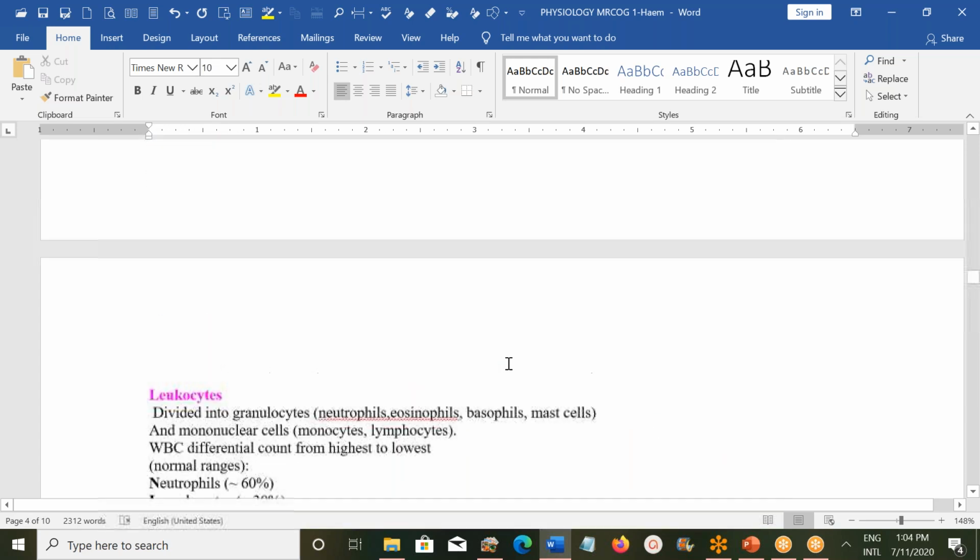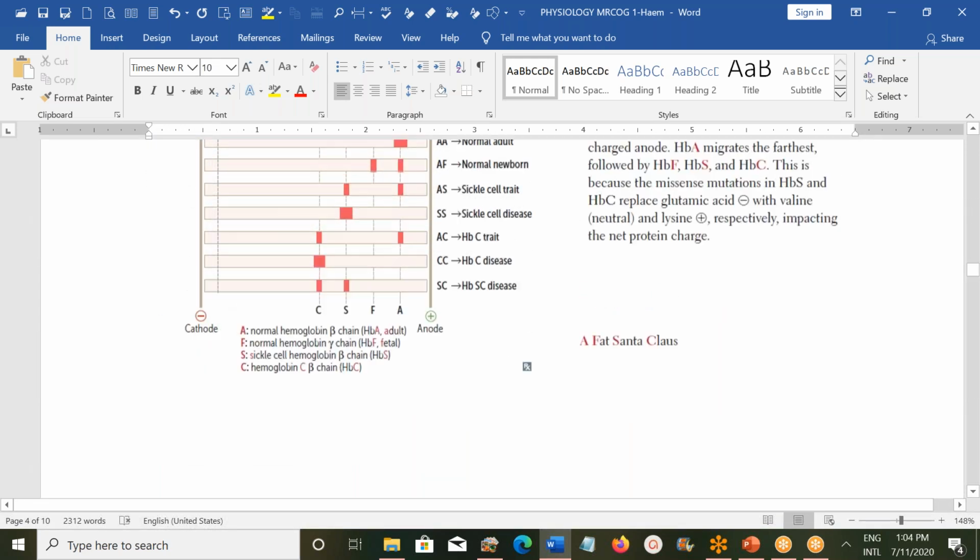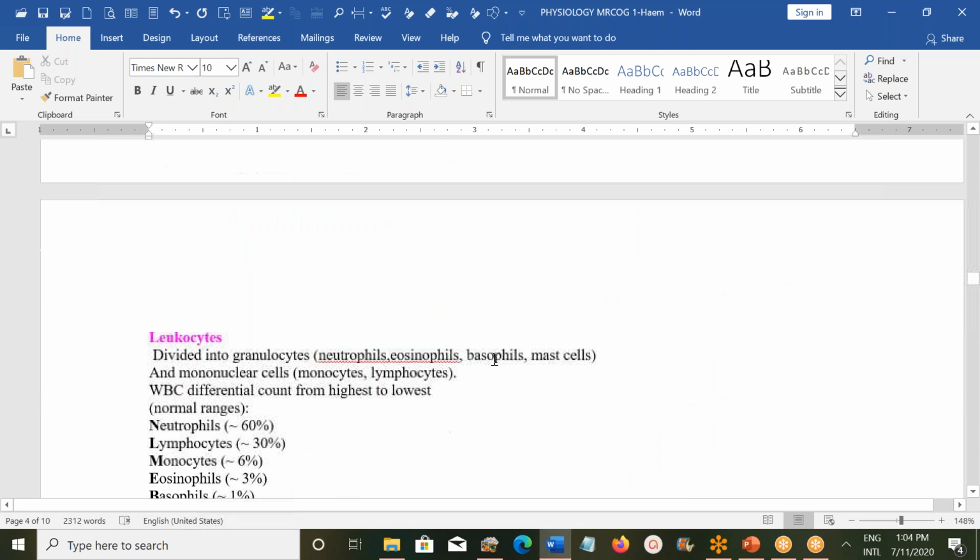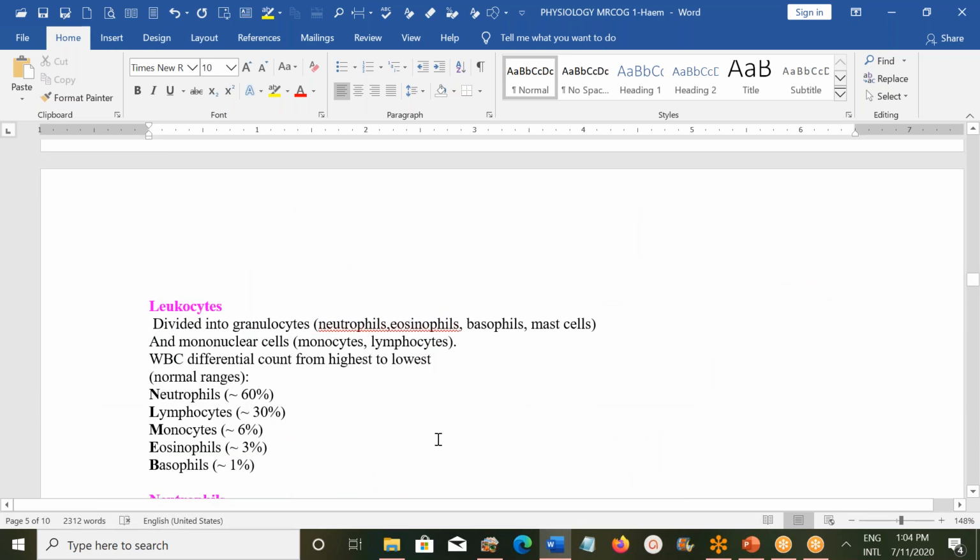Now the third type of cells in the human body are the white blood cells. White blood cells can be divided into different types: the granulocytes, which are neutrophils, eosinophils, basophils, and mast cells, and the mononuclear cells, the monocytes and the lymphocytes.